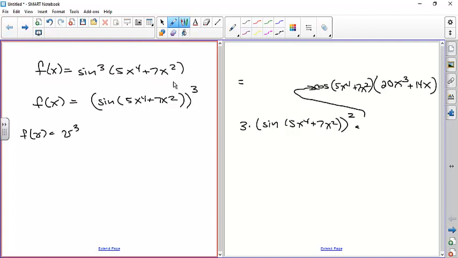So this whole thing is v. v of u would be equal to the sine of u, and u of x would be equal to 5x to the fourth plus 7x squared. So you can see if I plug that into here, I'll get the sine of 5x to the fourth plus 7x squared, and if I plug that into there, I'll get the sine of this whole thing cubed.